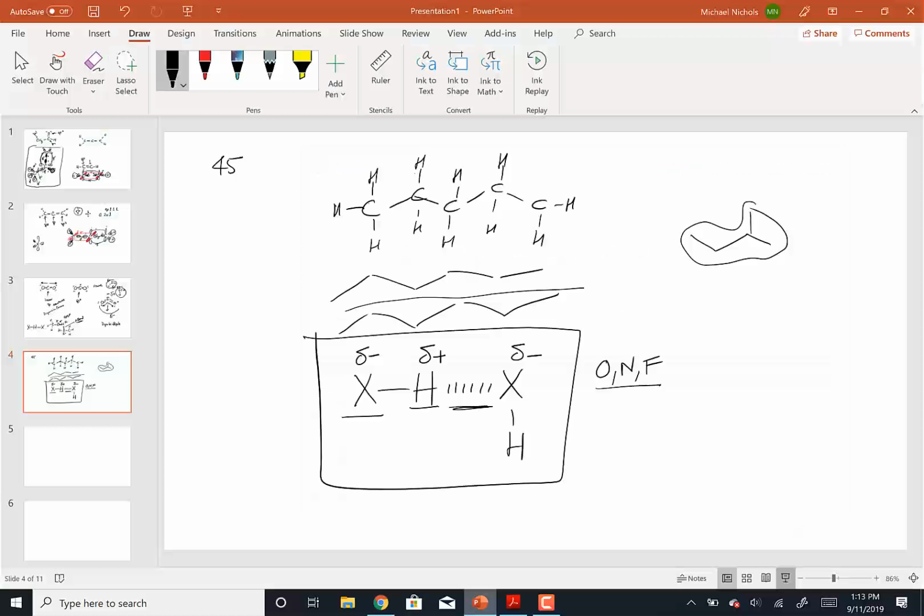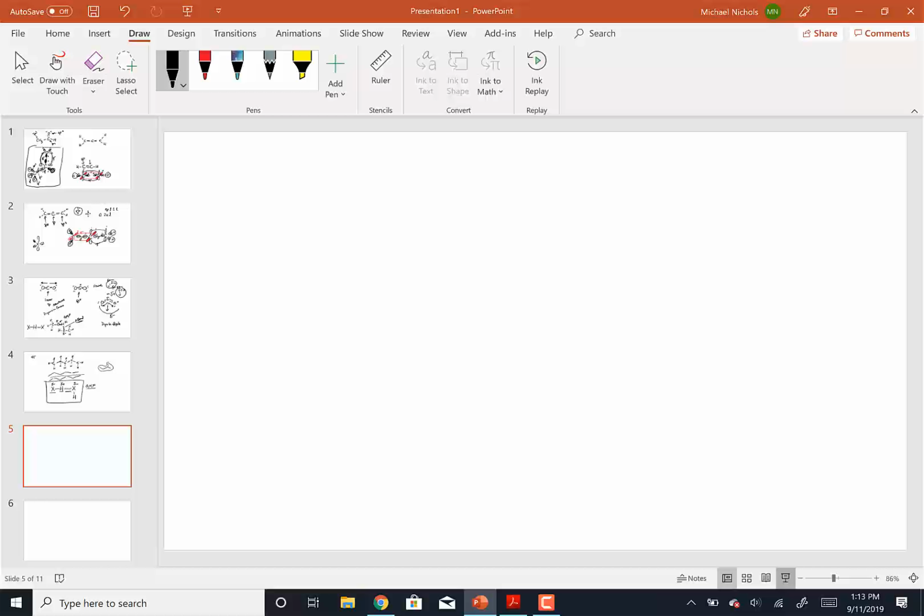That functional group is actually called an ester. And it doesn't matter what the exact structure is. All of the hydrogens in this molecule are attached to carbons. None of the hydrogens are attached to an oxygen.